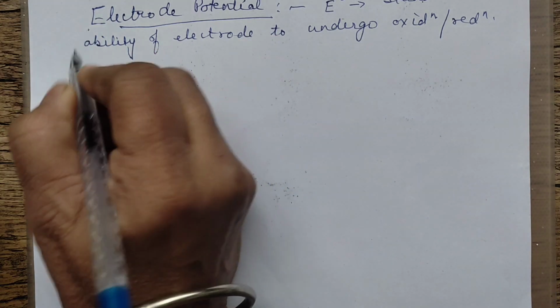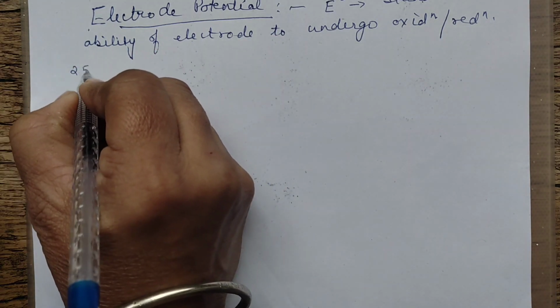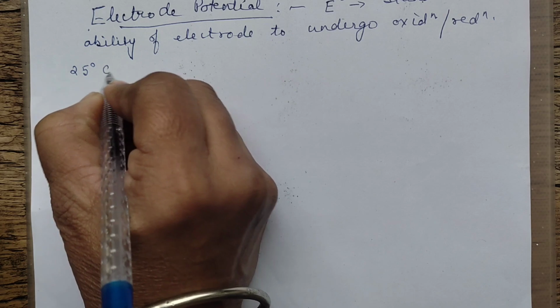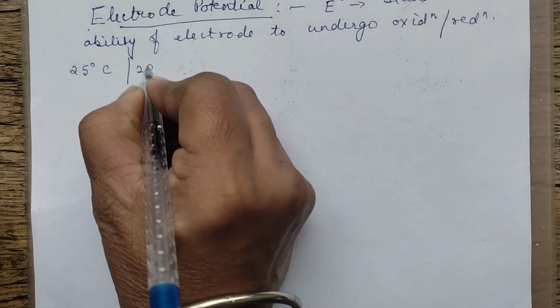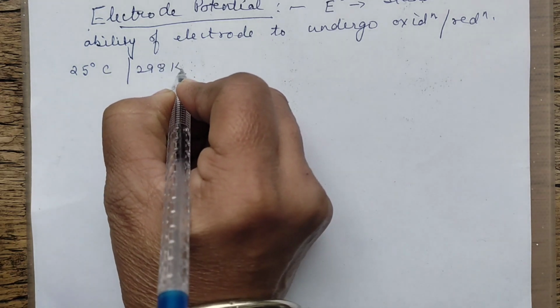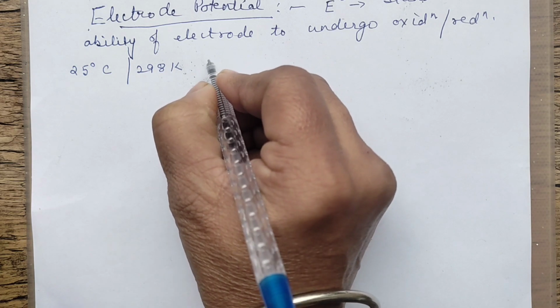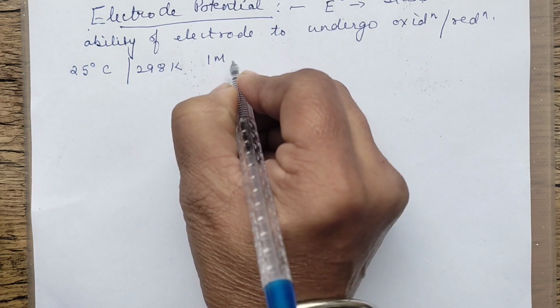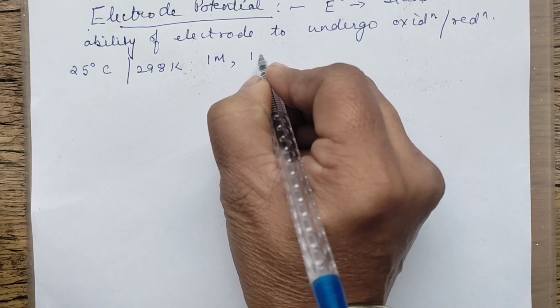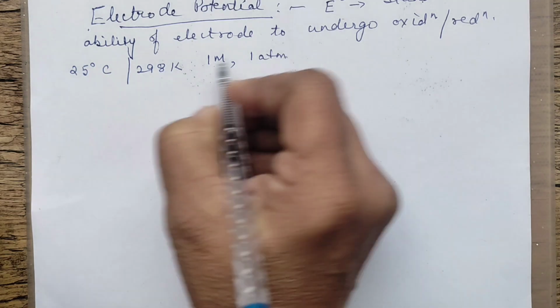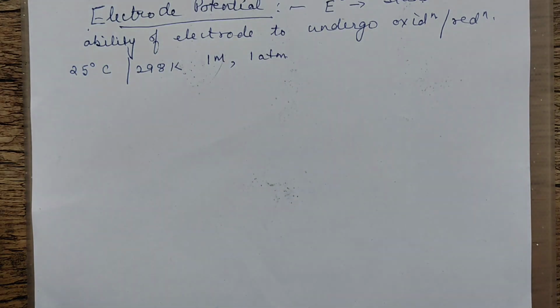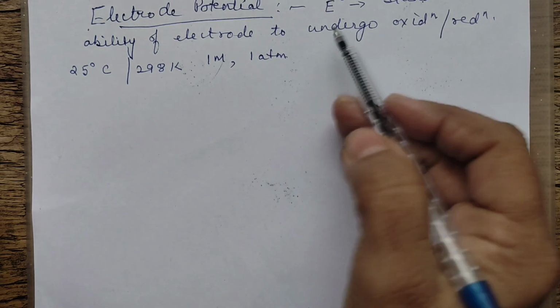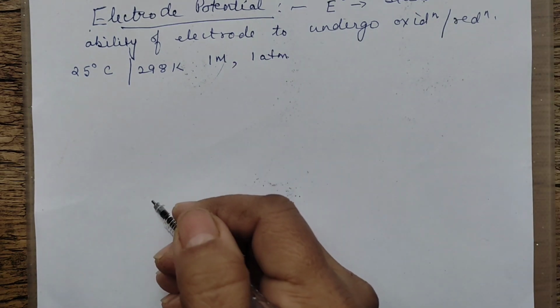It is the electrode potential which is measured under standard conditions, that is 25 degrees Celsius, or you can write 298 Kelvin. And if the concentrations are there, it should be 1 molar. And if the pressure for the gases, then it is 1 atmosphere. So we mainly focus upon these two, concentration and the temperature. So under the standard conditions, what electrode potential is measured, this is referred to as a standard electrode potential.